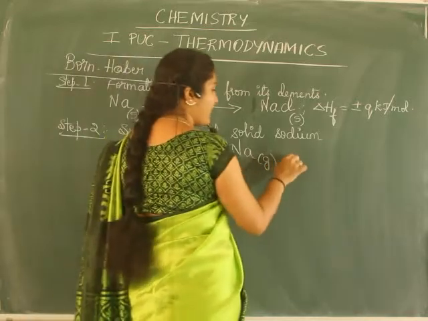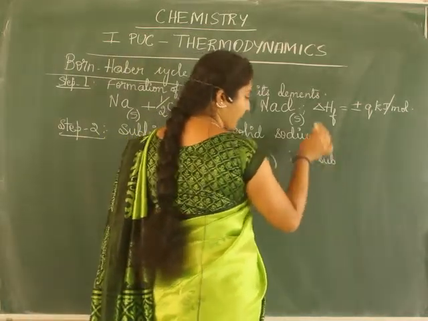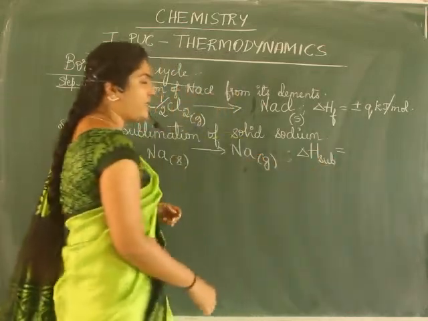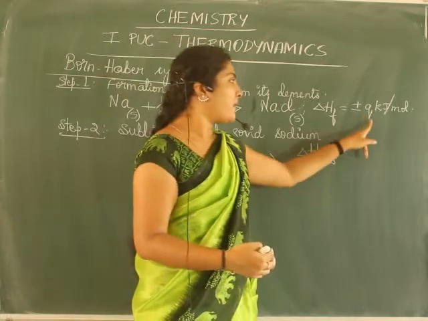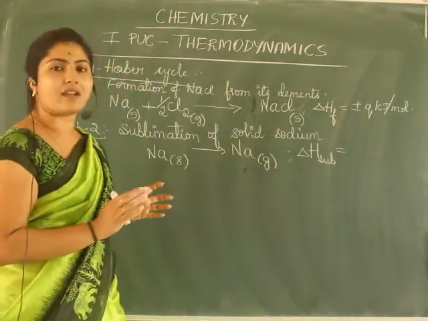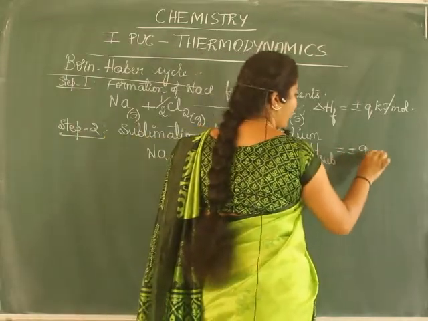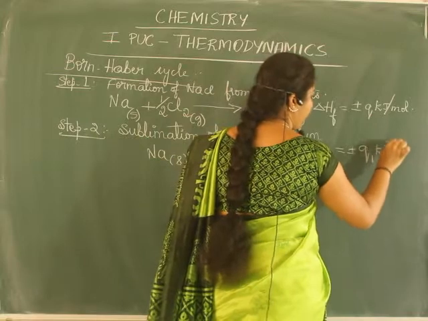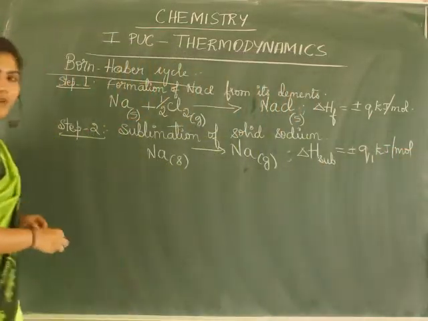Here the enthalpy is called delta H of sublimation. From here onwards, I'll write it as Q1, Q2, Q3, because the main step, the formation step, I have just taken as Q. Now here I will take it as plus or minus Q1 kilojoule per mole. Clear? So this is one more step.